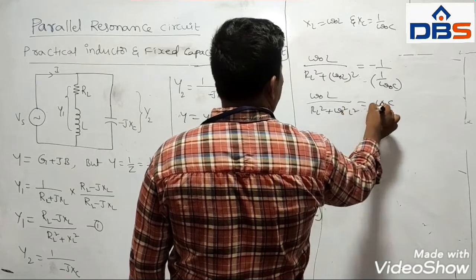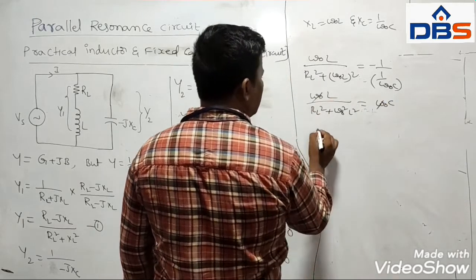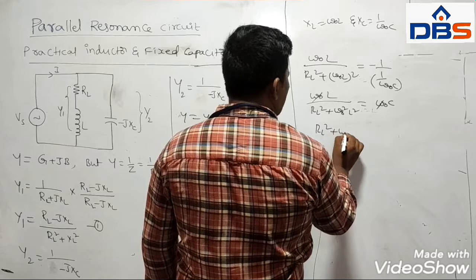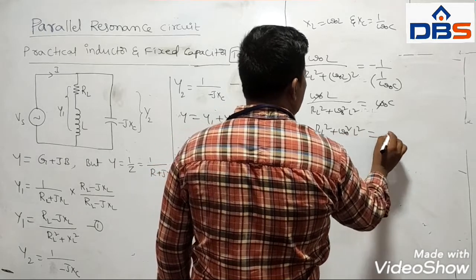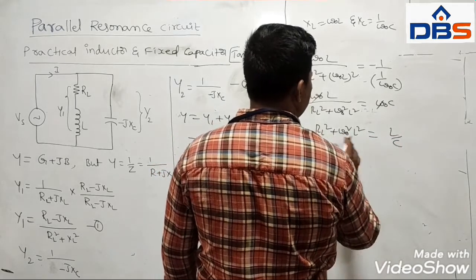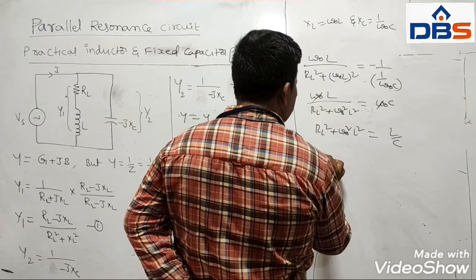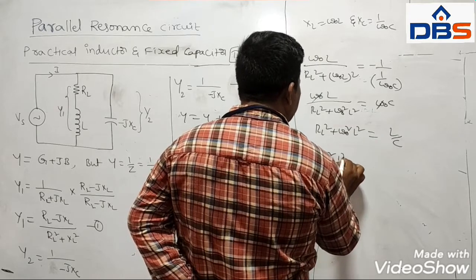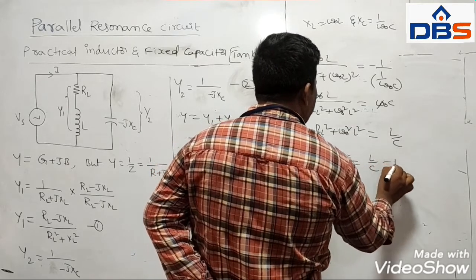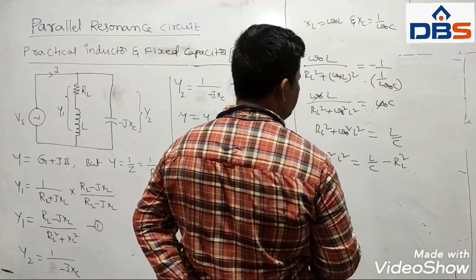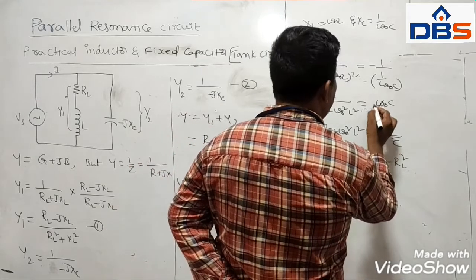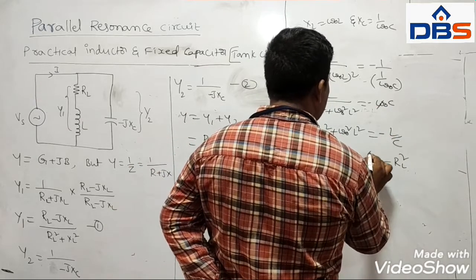Omega naught cancels: RL square plus omega naught square L square equals L by C. So omega naught square L square equals L by C minus RL square. So here minus will be there.